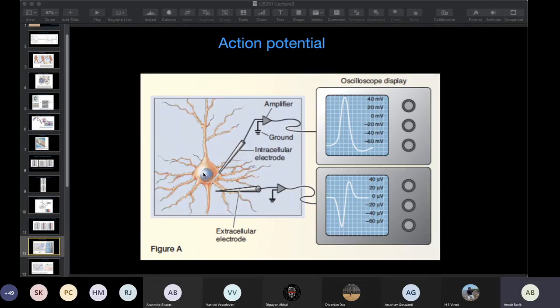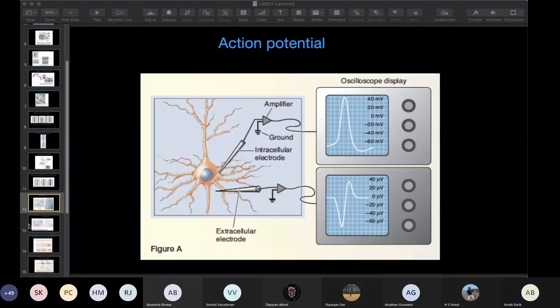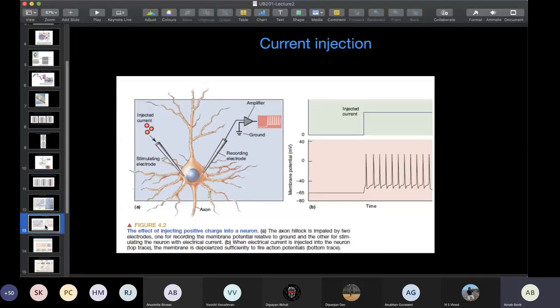As the action potential comes and goes, there'll be an increase in voltage, and that will drop. So for the one you're recording from inside, the voltage is increasing, and it's decreasing and coming back, if you're looking at the oscilloscope connected with the outside electrode, the extracellular electrode here.